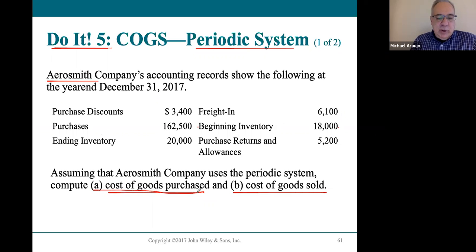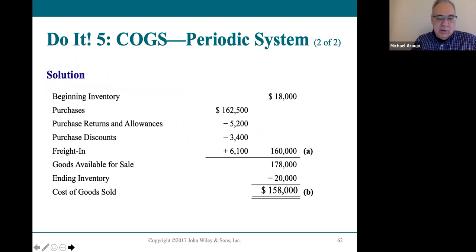Then the cost of goods purchases is your purchases minus your returns and allowances, minus your discounts, plus your freight, right? That's the total amount. You add your beginning inventory to that total, and you subtract out your ending inventory, and you get cost of goods sold. So that's what your solution shows.